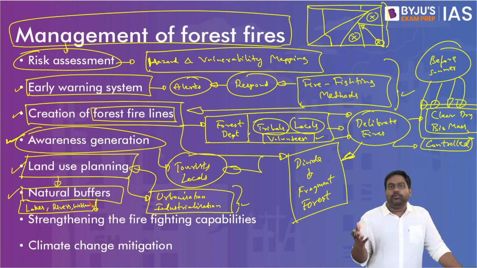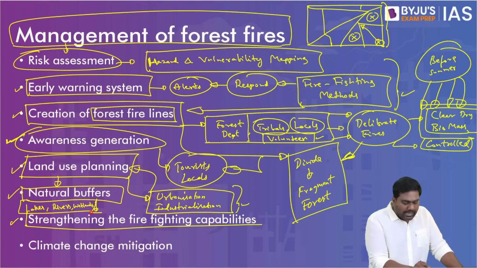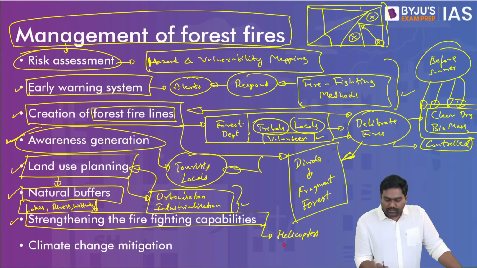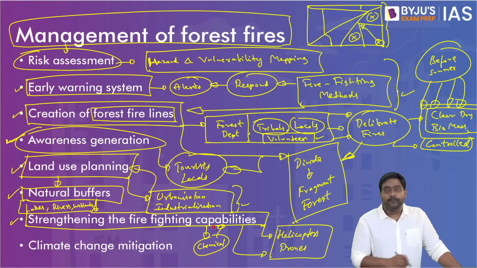The presence of water bodies inside a forest, if it's healthy enough, it cuts off the fire. And of course, we strengthen our own firefighting capabilities. You make use of helicopters, drones, come out with chemical-based fire extinguishers, which can quickly extinguish the fire.